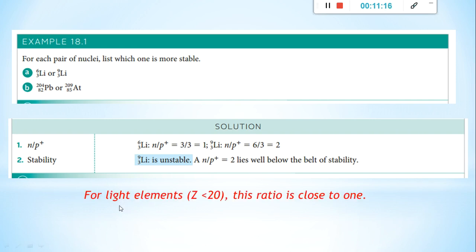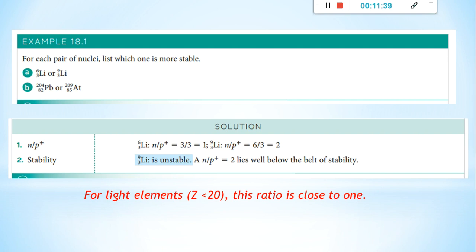And we also take note, from our previous discussions, we mentioned that for light elements, with atomic number Z less than 20, the neutron proton ratio should be close to 1 for it to be stable.